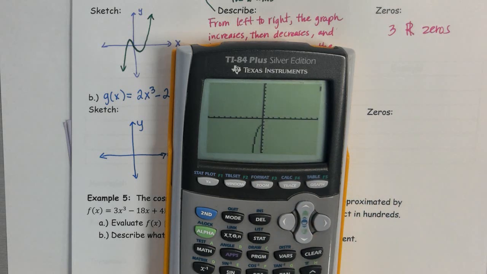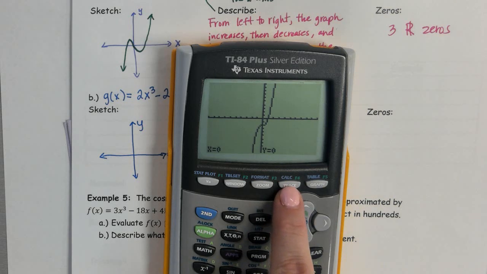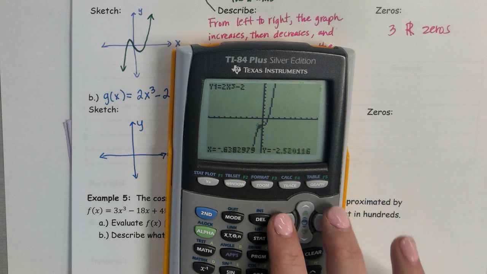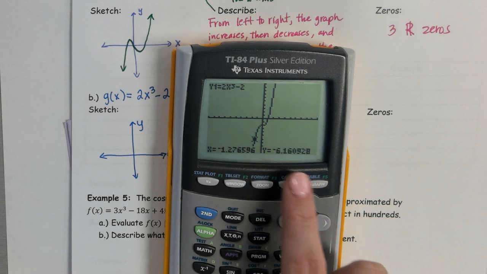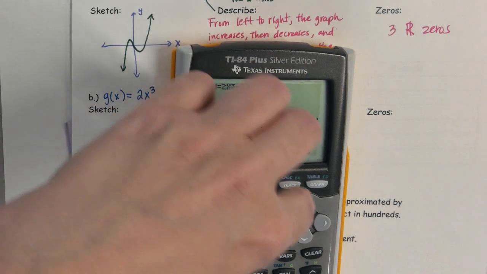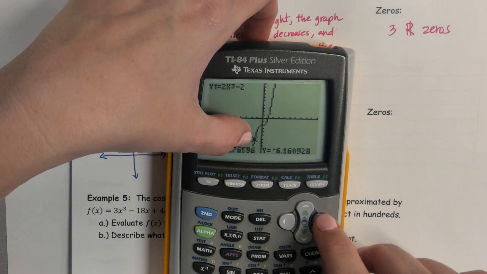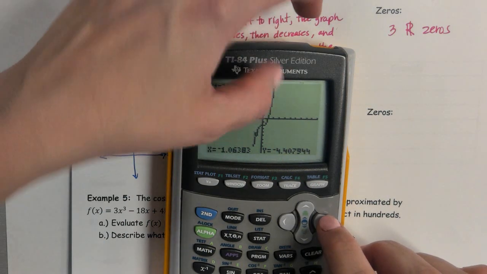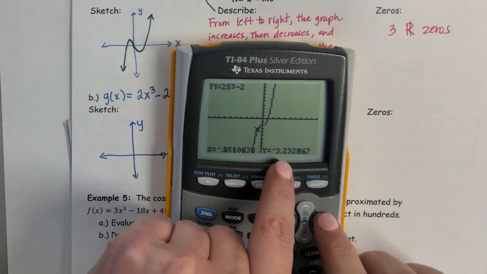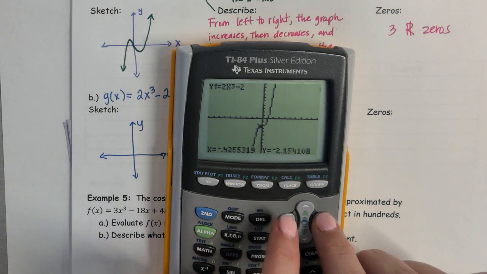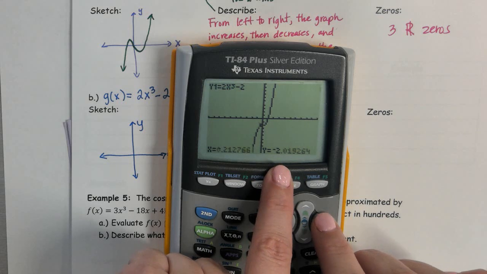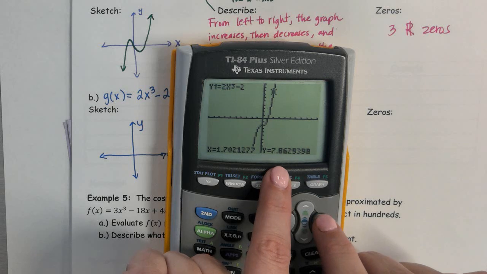Okay, and so one way that you can double check that it is increasing the whole time is you can look at the trace, and the trace key will follow this curve. So let's start at the left side. I just press the trace button. And then we're going to just arrow to the right side and look at the y values. So it's -4, then -3, -2, and then you can see these decimals are moving slowly, but they do keep increasing the entire time.